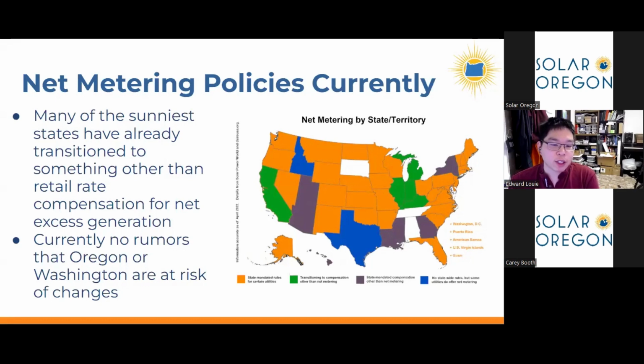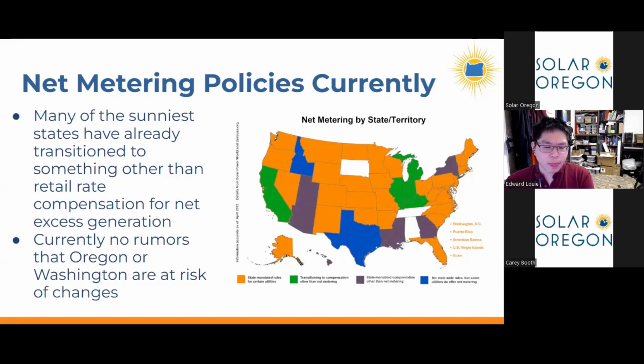And what that means is that when you send a kilowatt hour of solar energy that you produce on your roof back out to the grid, the electric utility will compensate you at retail rate for that kilowatt hour you send back out. Even if you send it out at noon on a summer day when there's plenty of solar available on the grid already and not a lot of demand.